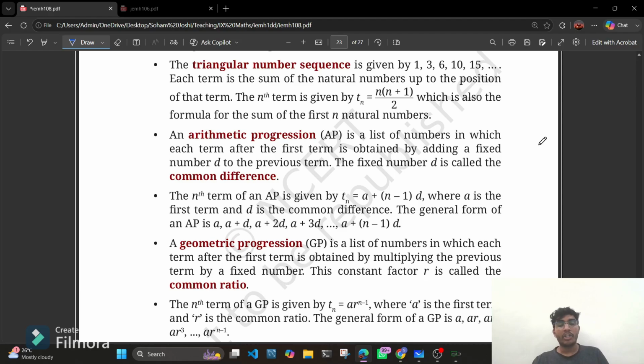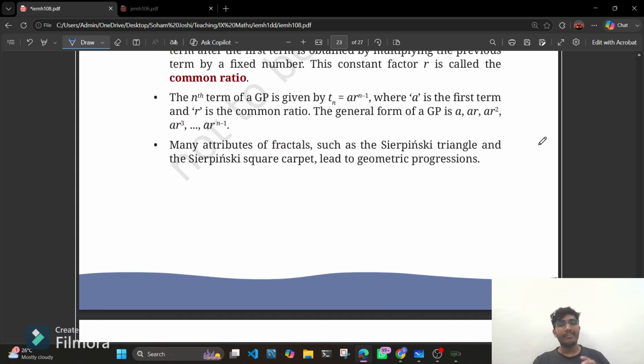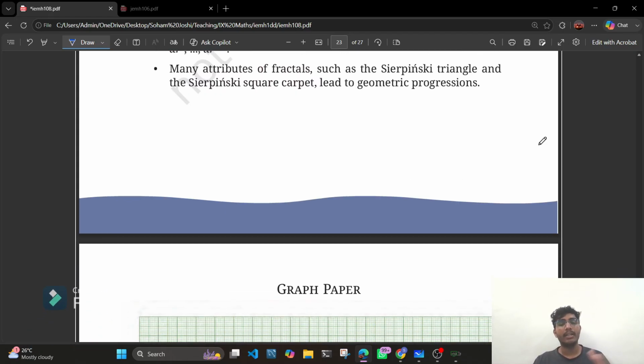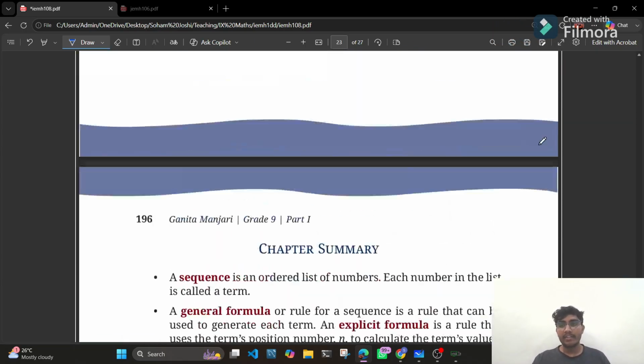Then we have arithmetic progression. We learned about common difference, first term, and nth term of arithmetic progression. Then we learned about the nth term of geometric progression, the general formula for geometric progression, the common ratio, and then we saw the attributes of fractals. And that's it for this chapter.